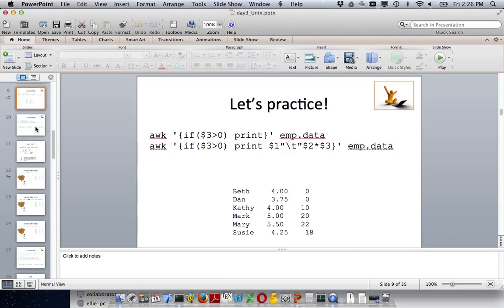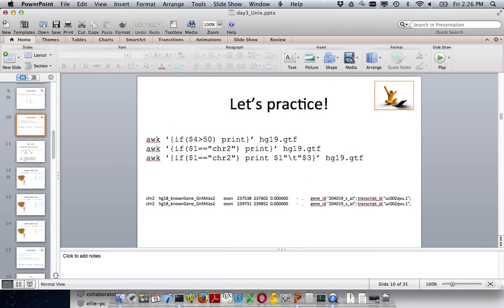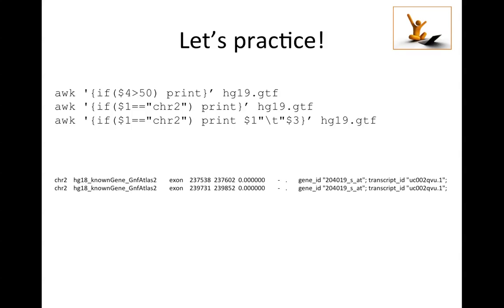So let's see what's next. Okay, so more examples. So let's look at the file which is hd19.gtf. So again, gene annotations, where column number 4 is the left coordinate of the genomic feature like exon, and column number 5 is the right coordinate.